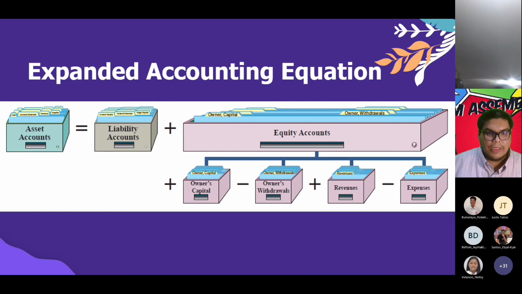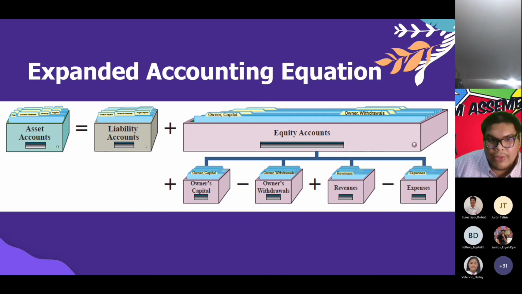And with that, you have the expanded accounting equation, rather than just the accounting equation itself. Medyo maliit yata, pero I think you can see naman. So, assets equals liabilities plus equity accounts. However, yung owner's equity is further subdivided into capital, withdrawal, revenues, and expenses.